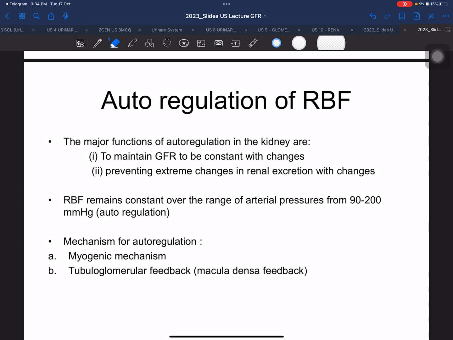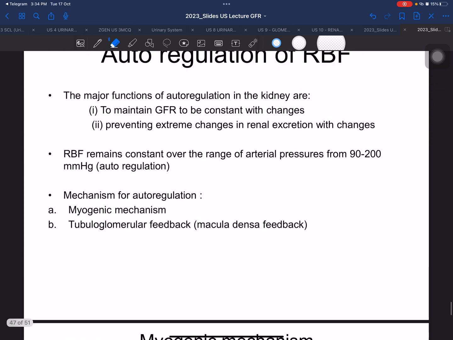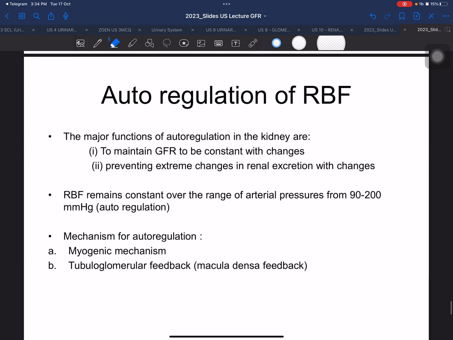Renal blood flow remains constant over the range of arterial pressure from 90 to 200. Between 90 and 200, the urine volume remains constant by autoregulation. So there are two ways for the autoregulation. First is the myogenic mechanism.